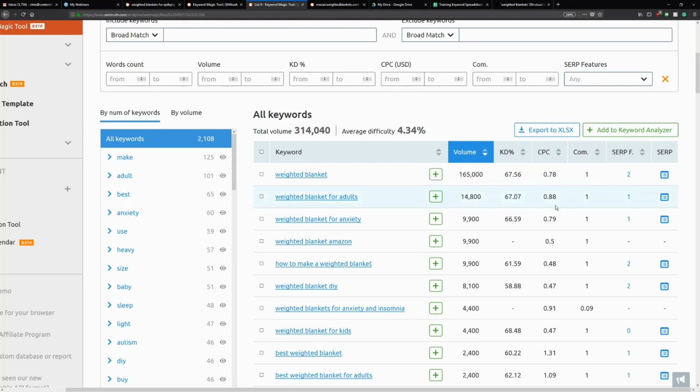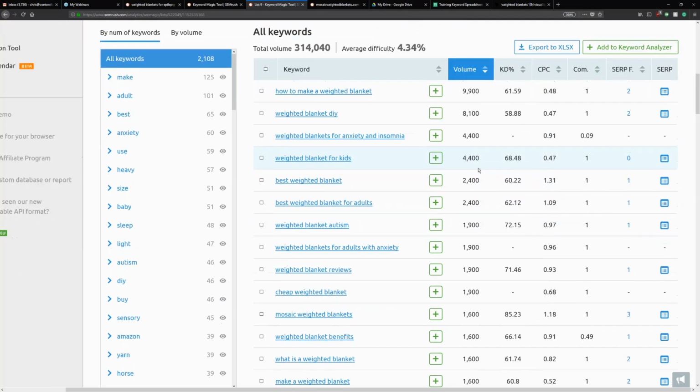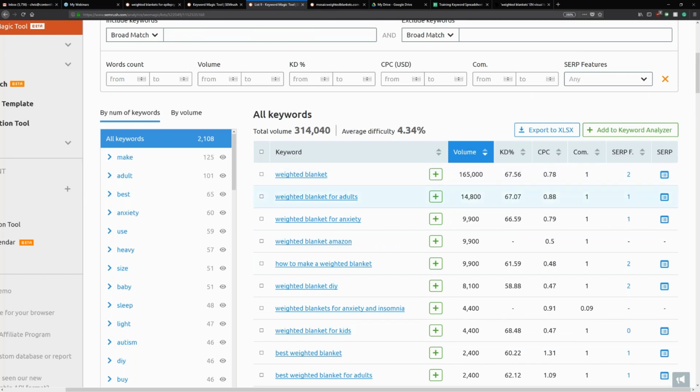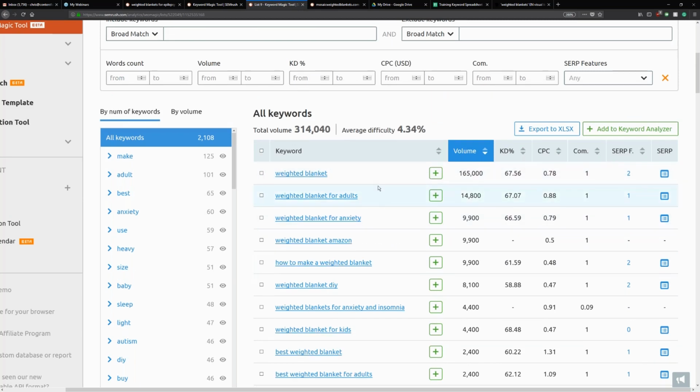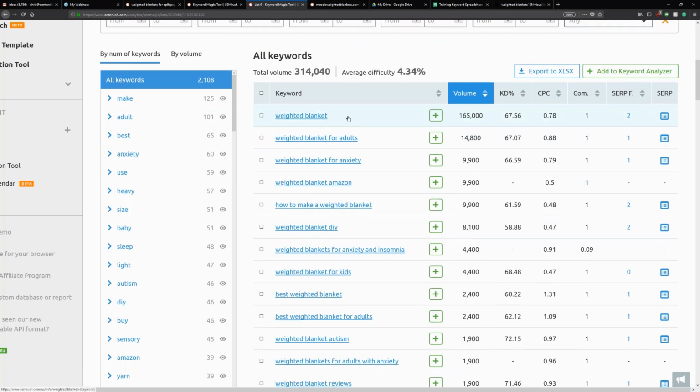So cool. We can see based on the data here, we're searching by volume. These are the ones getting the most search volume. Obviously, weighted blanket is going to be a juicy keyword, but not one that we necessarily want to go after simply because it's going to be super competitive.